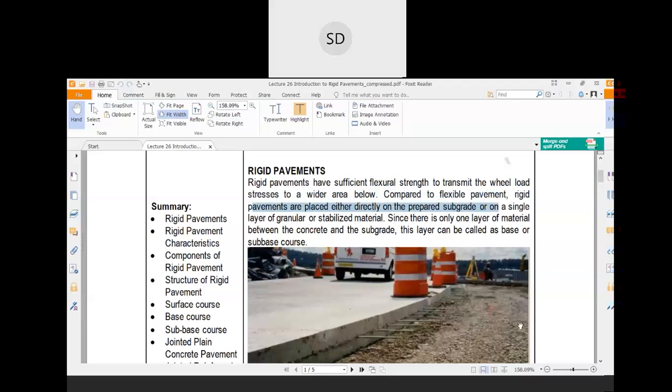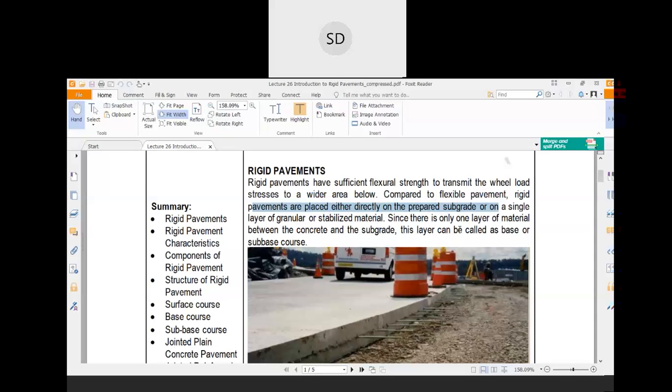You can put this directly over the subgrade layer, or in some cases, you can put some concrete layer below the main rigid pavement layer.